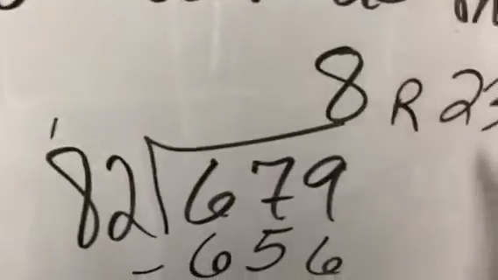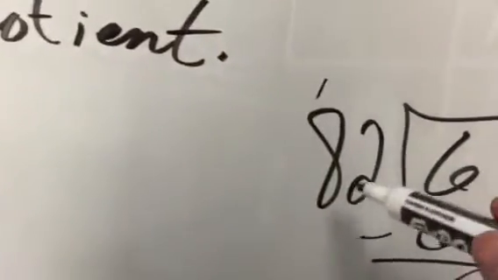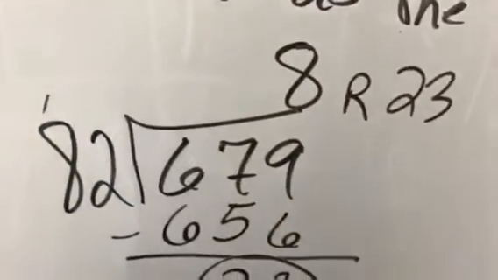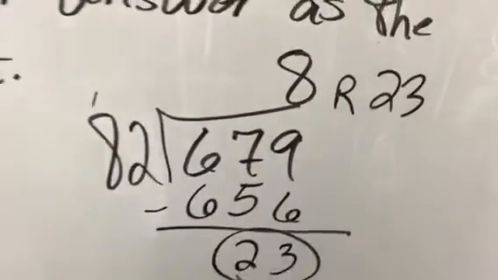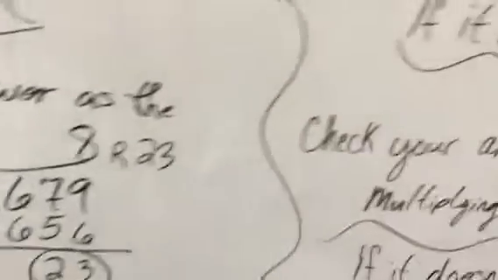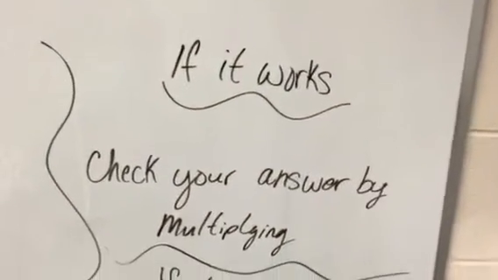If our remainder is bigger than 82, we know that we made a mistake. So that's the first way to check your work. The second: if it works, you check your answer by multiplying.